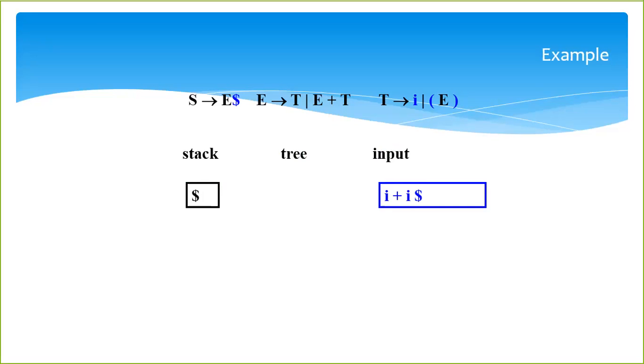Parse the following input string. Okay, what is the input string? I plus I is basically the input string needed to be parsed with the help of this particular grammar given to you. Fine. So here we are doing it using a tree structure.